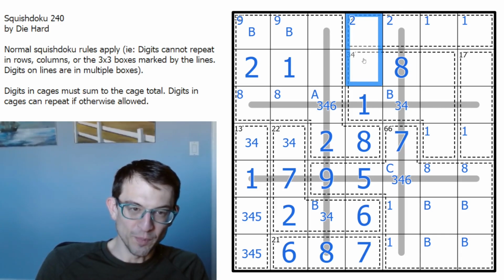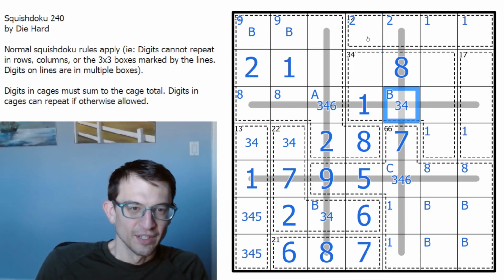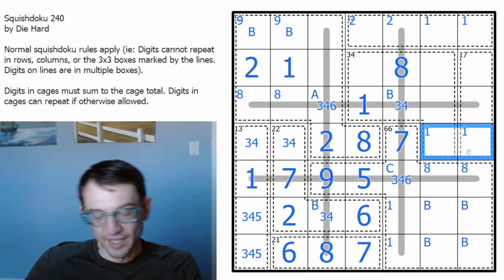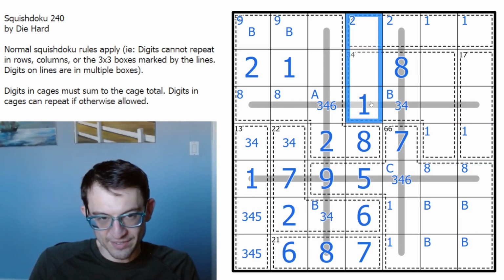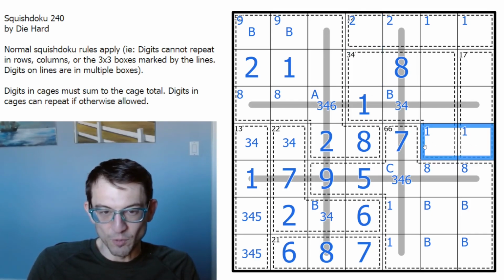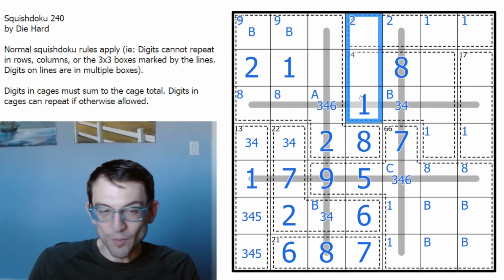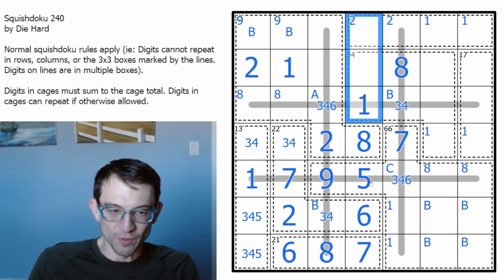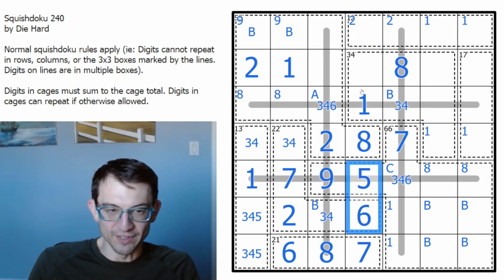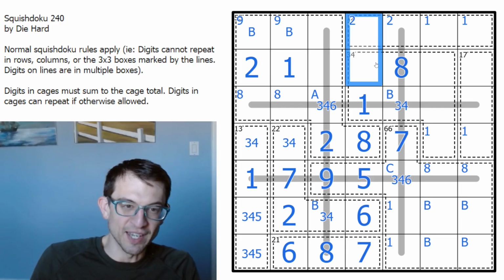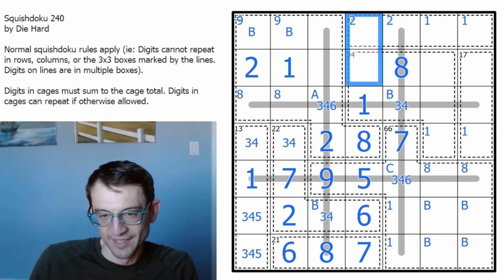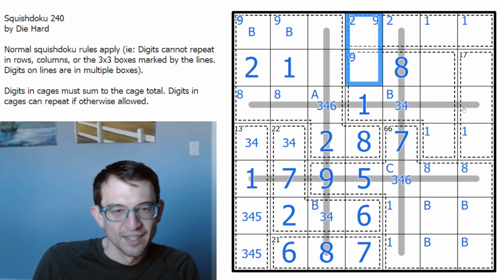So if that's a 3-4 pair, that breaks B. So I can't have the 9 down here, because then I can't get this to add to 8. There's no way I can do it without either breaking the column or putting a 3, 4 here, which breaks B. So I don't get a 9 here. That means I have a 9 here.